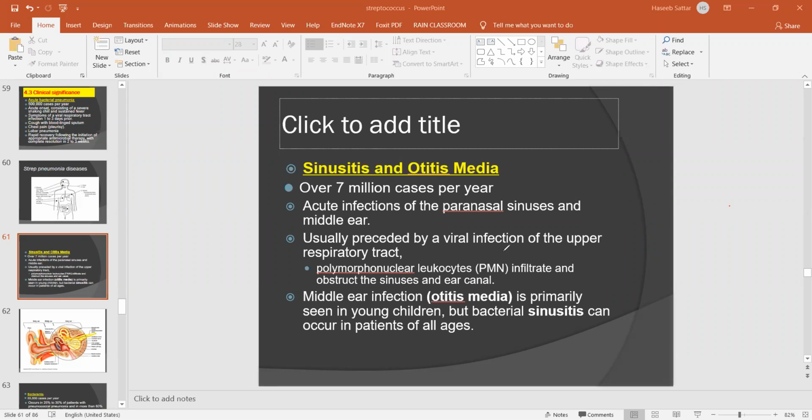Okay, so for sinusitis, otitis media, I told you it's the infection of the ear. There are two kinds of ear infection: otitis interna and otitis externa.